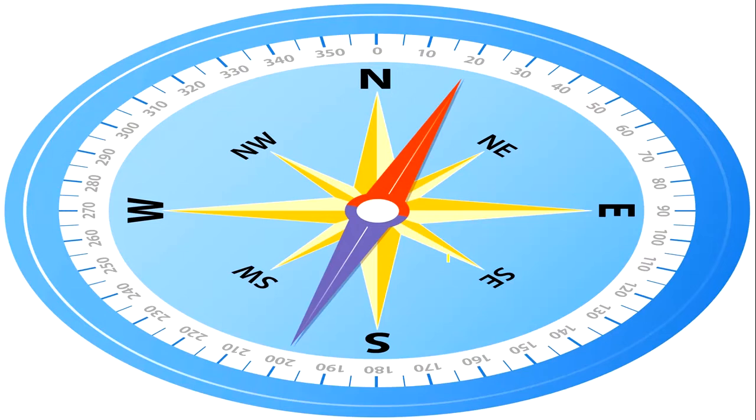For example, a compass. The needle of the compass is always pointing north. Can you say why? Yes, because of the magnetic field or magnetic force of the earth. There's nothing actually touching the needle, but it still feels a force.